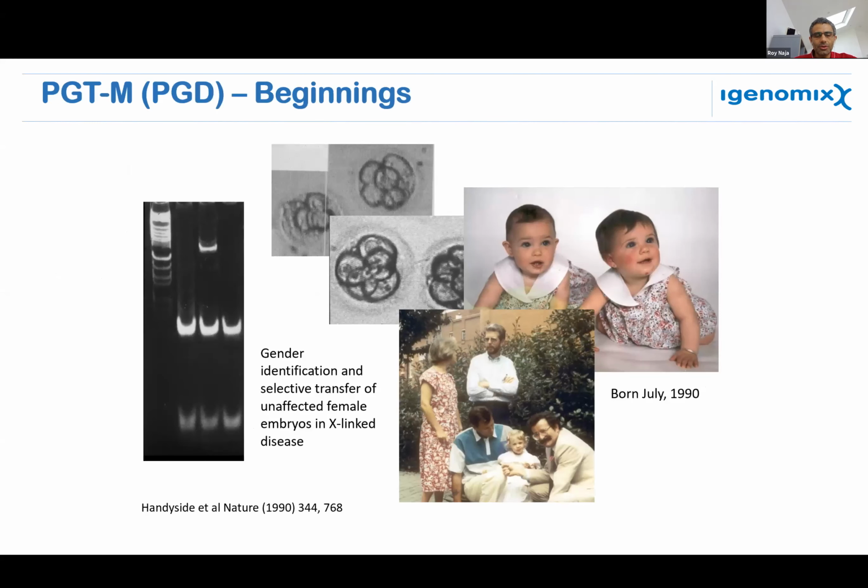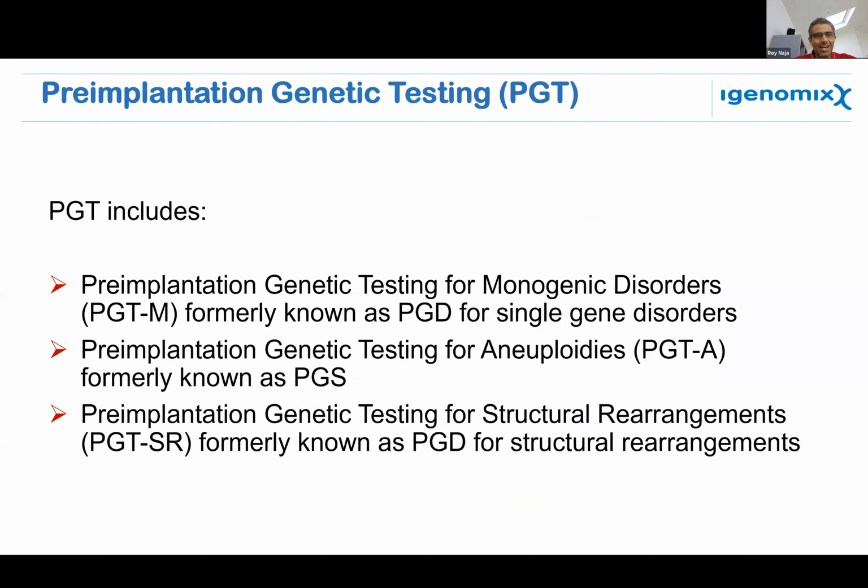I always like to start with this picture taken from Alan Handyside's site, and it's now a little bit more than 30 years after the diagnosis of the first PGD, pre-implantation genetic diagnosis of an X-linked disease, and that work was published in Nature in 1990, so we've been in business for more than 30 years now.